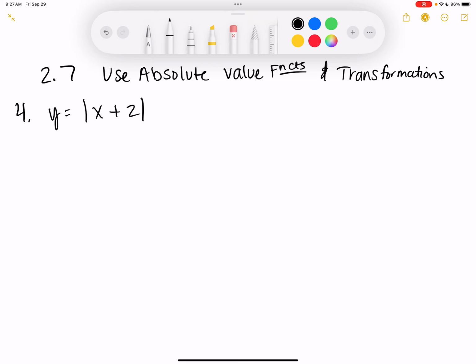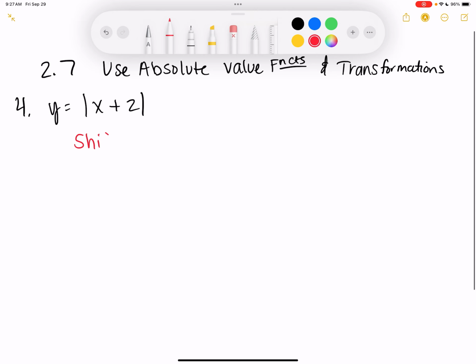So this is plus 2, that means it's going left 2. Outside it goes the same direction. So this one would shift left 2. And that's all I'm asking you to do for these problems. If you check your answers in the back, it's not going to look like that because they're actually graphing them, other than you can figure out what they did to their graph.